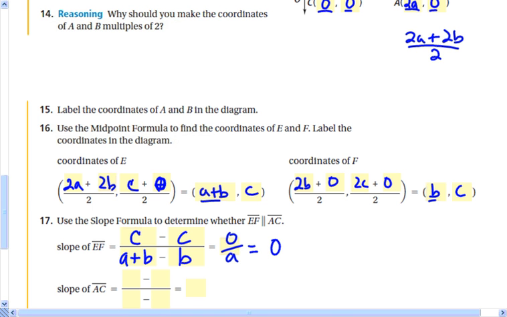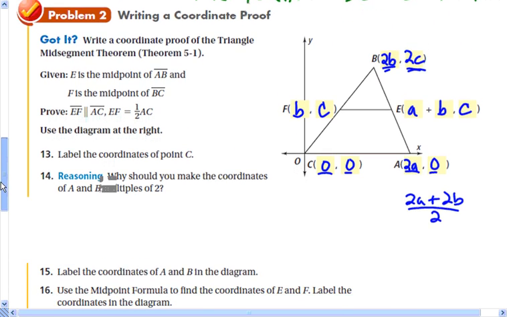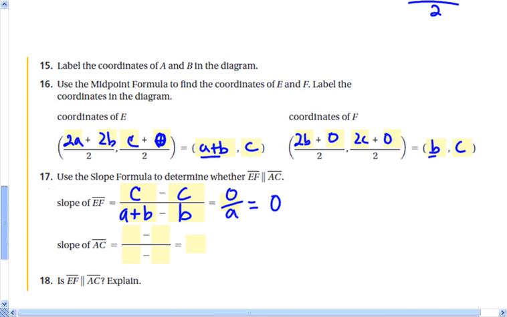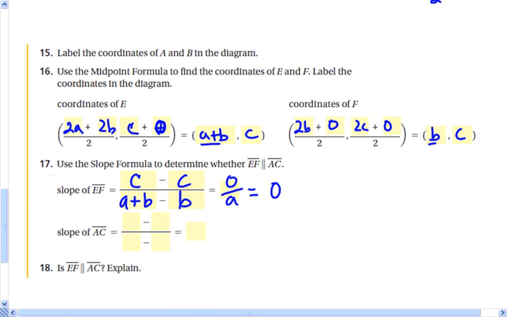And then the slope of AC, that's the bottom line, so we want to make sure that's parallel. C is 0, 0, A is 2A, 0. So our y values are both 0, and our x values, one is 2A and the other is 0. And so we get 0 over 2A, which of course is 0. And so we know that EF is parallel with AC because they have the same slope. And we know that lines with the same slope are parallel.